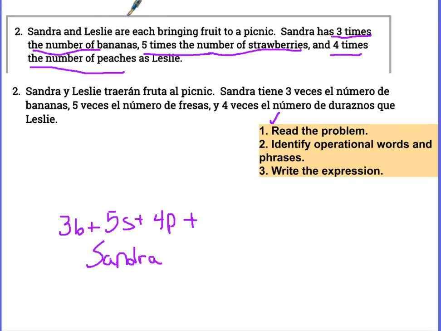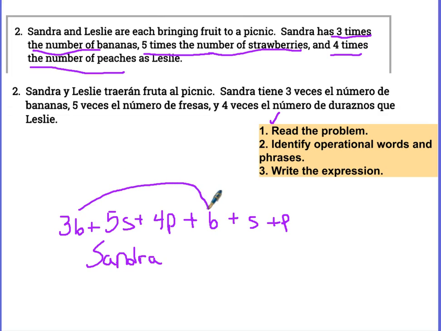Well, they're each bringing fruit to the picnic. And if Sandra brought 3 times, 5 times, and 4 times, that means Leslie's fruit is going to be some bananas, some strawberries, and some peaches. How much did they bring all together?